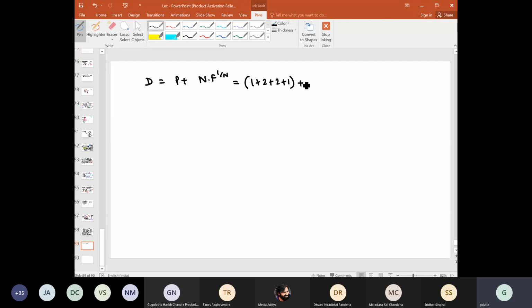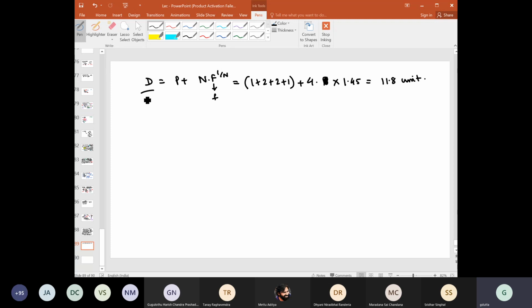Plus n, which is 4 stages, times f to the power 1 by n, which is basically the small f, and that value we have already estimated as 1.45. If we sum these, you will get 11.8 units.